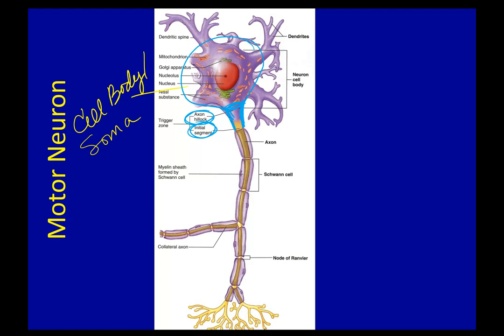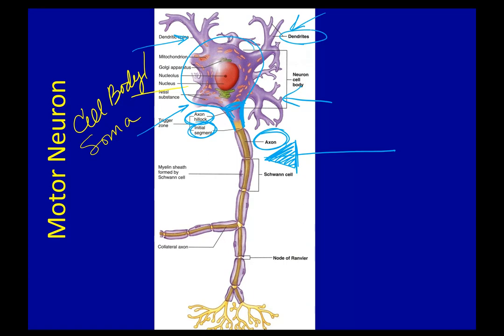So notice that all of these extensions up here are very, very short. They're just there and that's it. But this guy down here is huge and long. The longest extension, and there is only one coming off of a neuron, is called the axon. Okay?